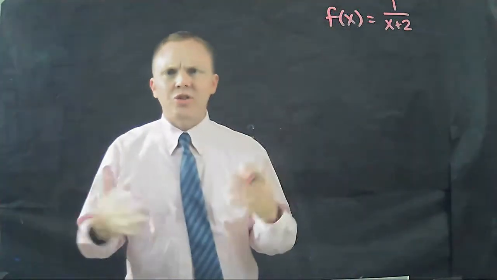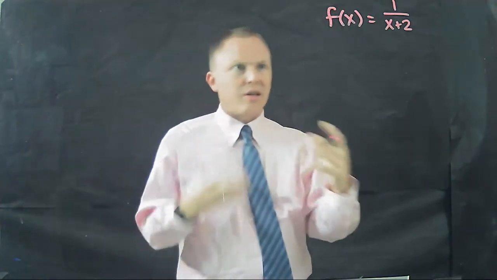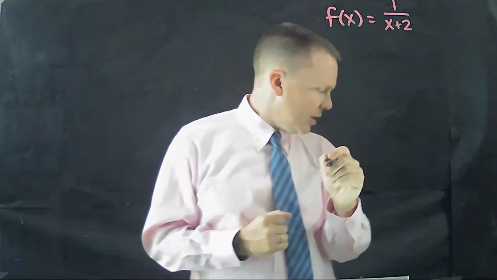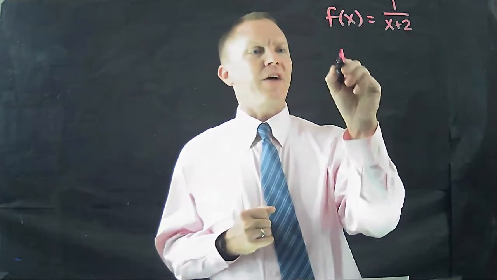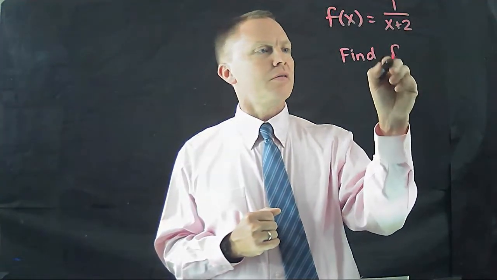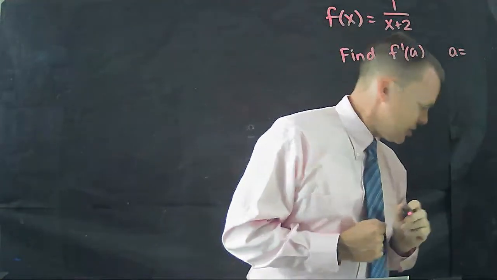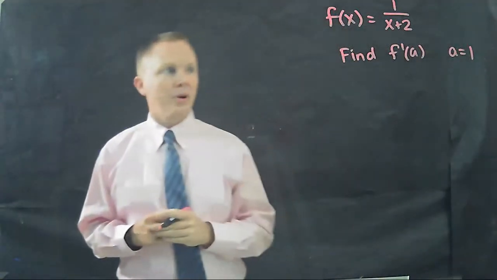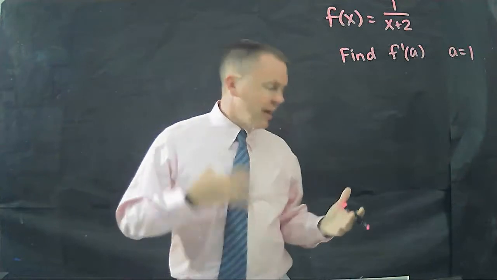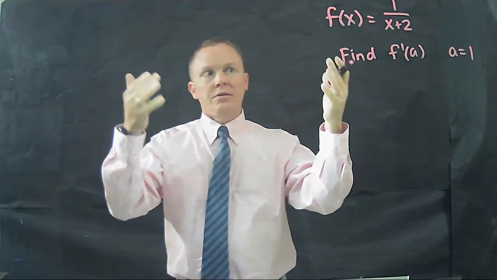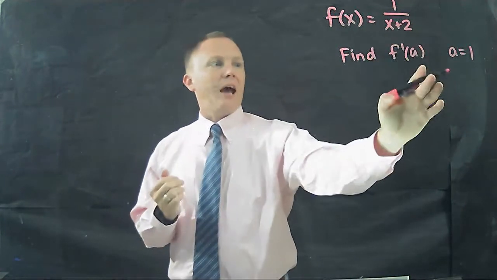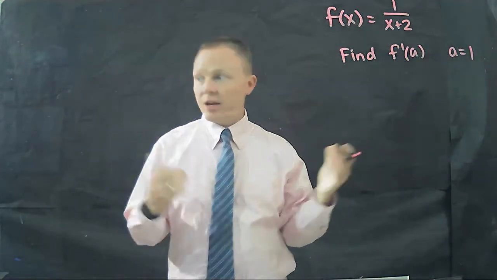And I'm going to change the directions a little bit just so you can get comfortable. I'm going to say find f prime of a, where a is equal to 1. So basically we're just saying, hey, find the derivative of this function at x equals 1. That's all we're saying.